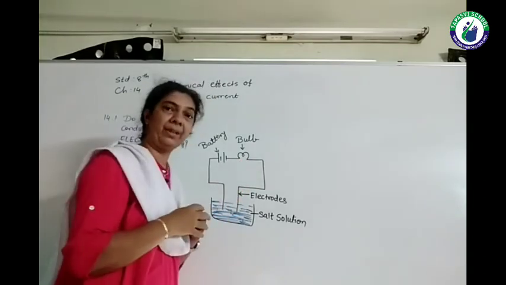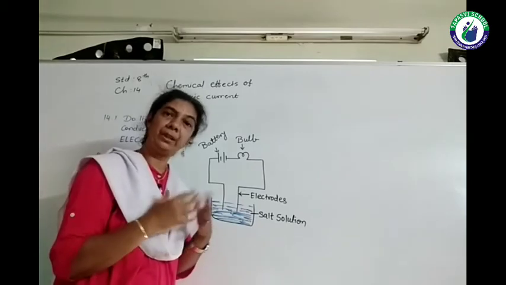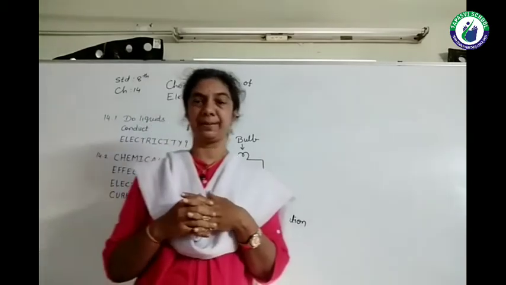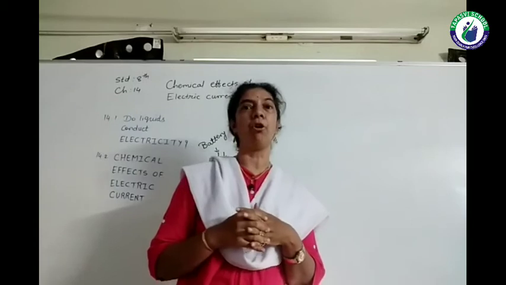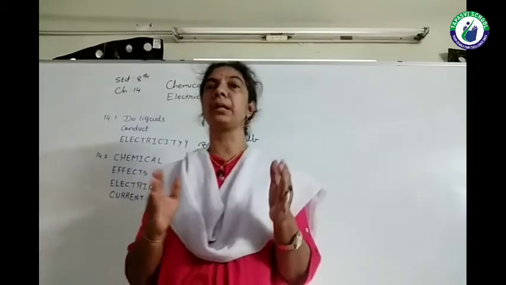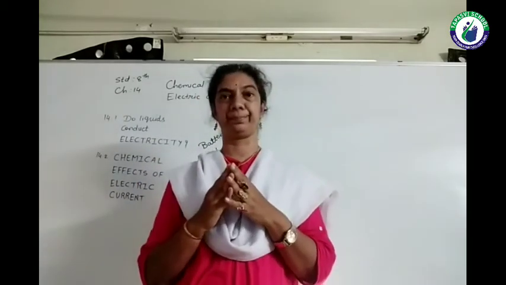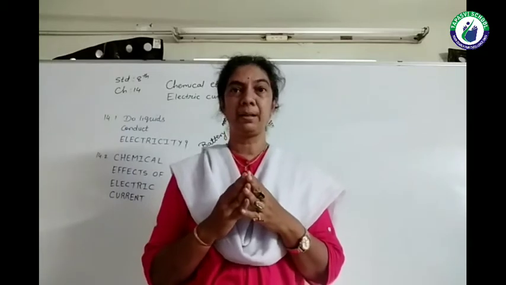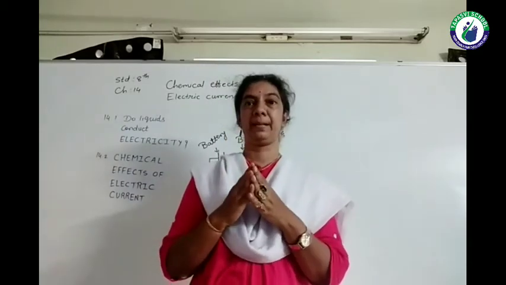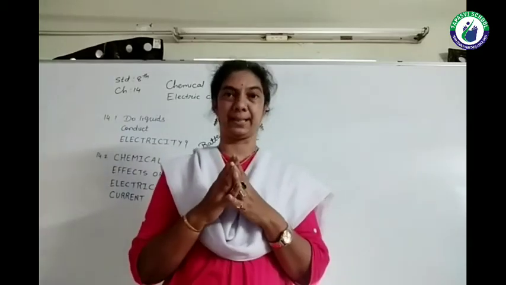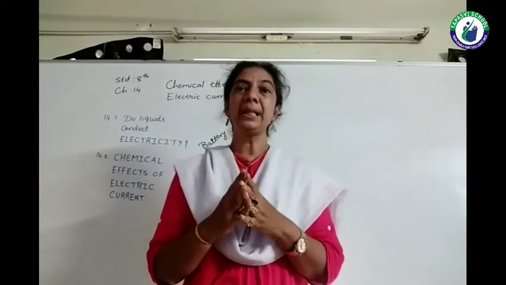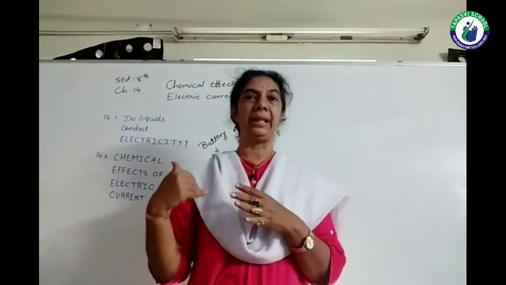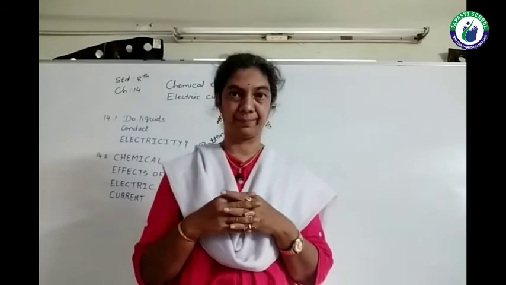Repeat this activity at home with different solutions. We will see that not all solutions conduct electricity. But with acids and strong bases, we can see the flow of electric charges.